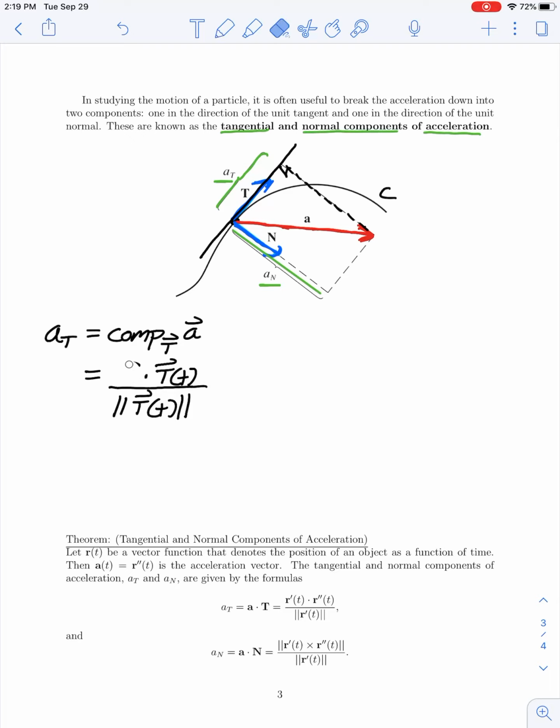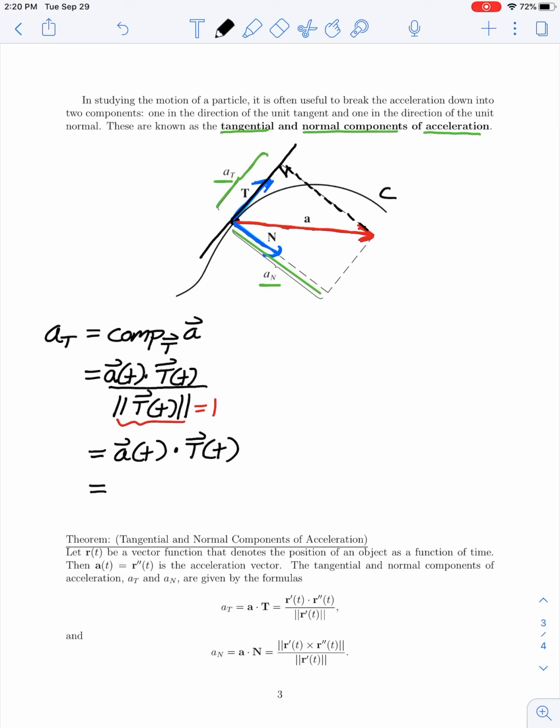So acceleration, my unit tangent vector, and its magnitude are all functions of t here. So let me write that just to be clear. Now, we know that by definition, capital T of t, that is the unit tangent vector, is a unit vector. So this magnitude of the unit tangent vector is 1, since it's a unit vector by definition. So we really just have the dot product of our acceleration vector with the unit tangent vector.